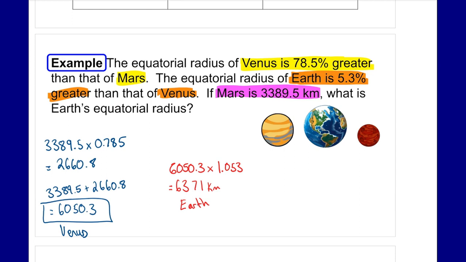So a nice trick is if we're trying to find a percentage greater than a value, or if we're trying to add a percent, we can do 1 plus the decimal version.